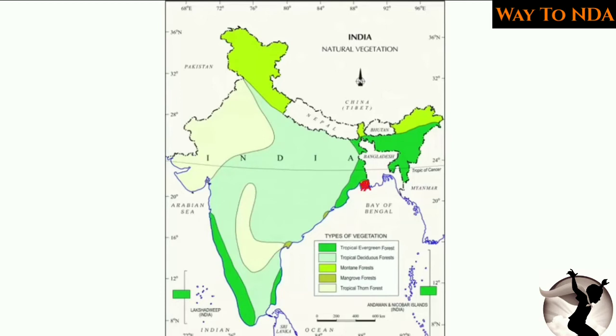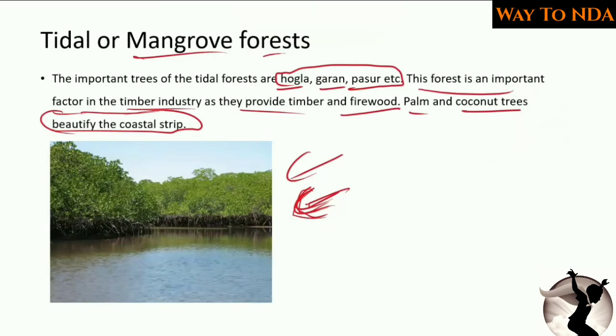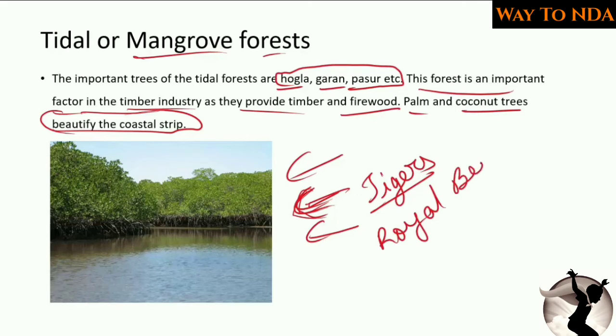This area which I am demarcating in red color, and here also, and here also some part you will find, and in the Mumbai region also you will find some part. So here you will find mangrove forests. They are at the coast, remember. In the coastal area you will find this type of forest. And here there are tigers too, the Royal Bengal tiger, which is very important.